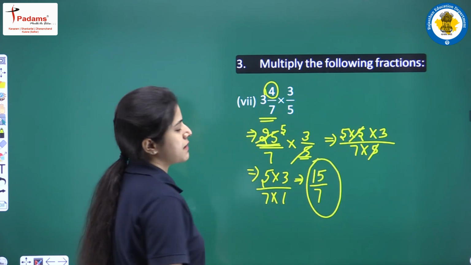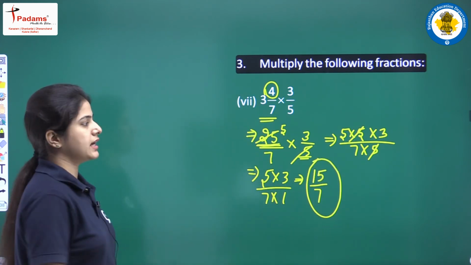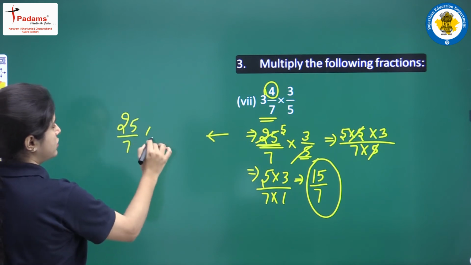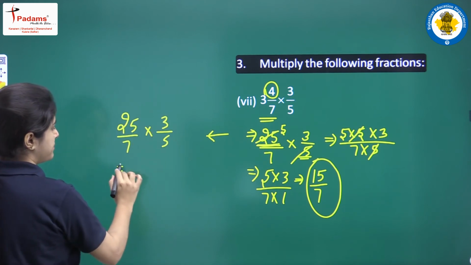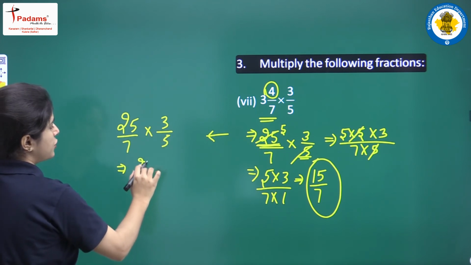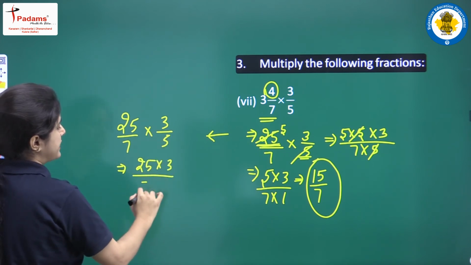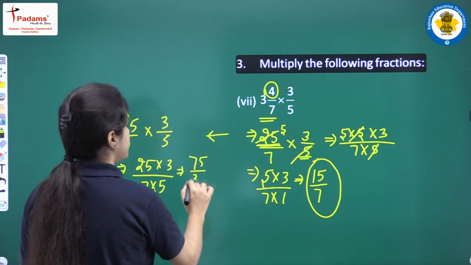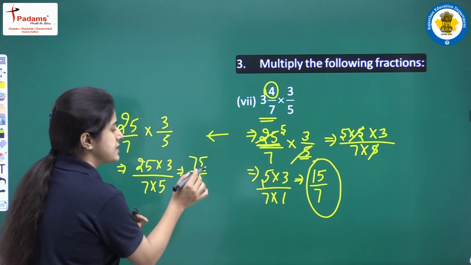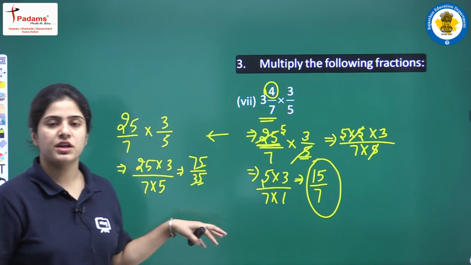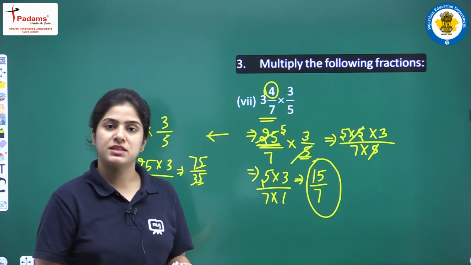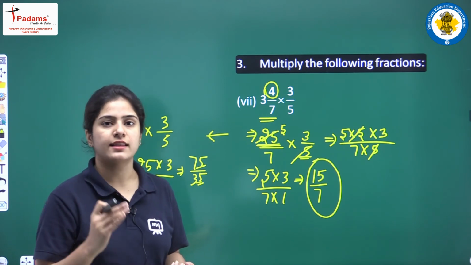So this is the first method that you can solve the questions with, and in the next method you can also do it like 25 upon 7 into 3 into 5. Just multiply the numerators and separately the denominators. What will turn out to be? This is 75 upon 35. Clearly, the last digit of the numerator and denominator is 5. That clearly indicates that 5 can divide both the numerator and the denominator.